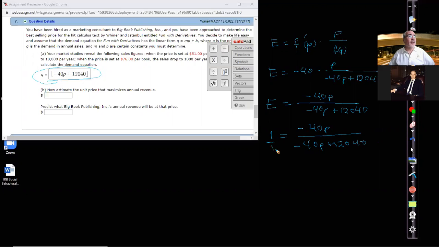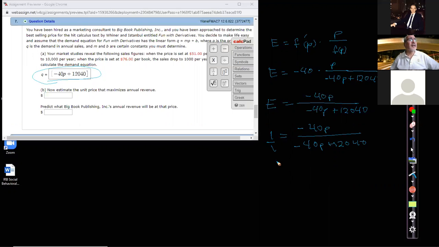Okay, so think of this 1 as 1 over 1. We're equal to a fraction, so we can cross multiply. And basically that gets us that the denominator is equal to the numerator. Cross multiply, we get negative 40 p.